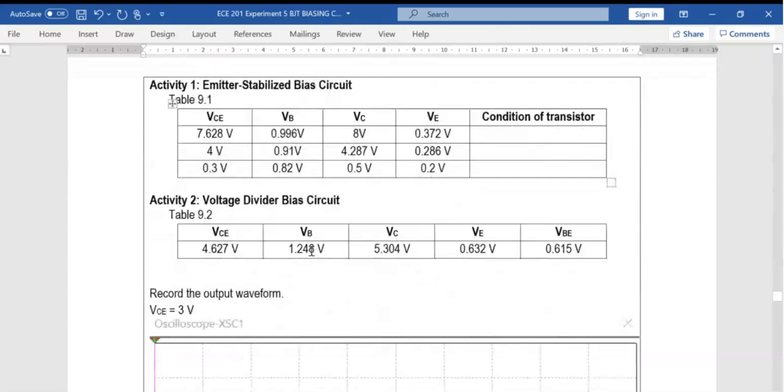So this will be the data for activity 1. You can screenshot this data.